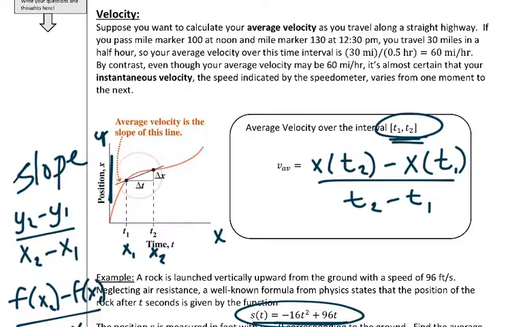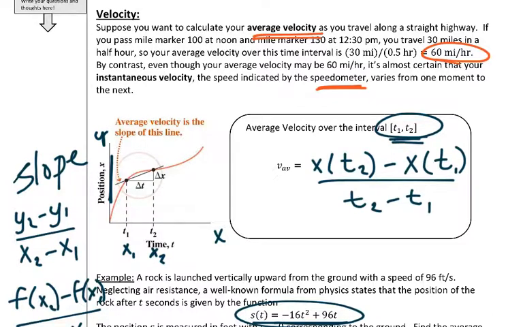Like in this example, they say the average velocity was 60 miles per hour. So that's on average how fast you are driving. But if I want to know instantaneous velocity, you want to know how fast you are currently going at that moment in time. And so you would be looking at your speedometer, right? That's where you'll be looking if you need to speed up or slow down.